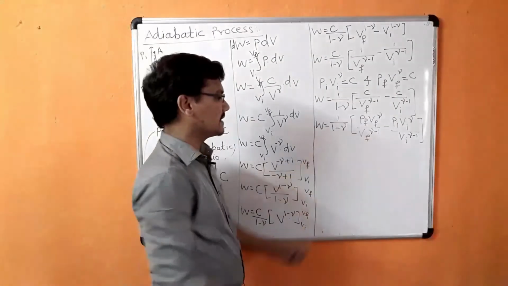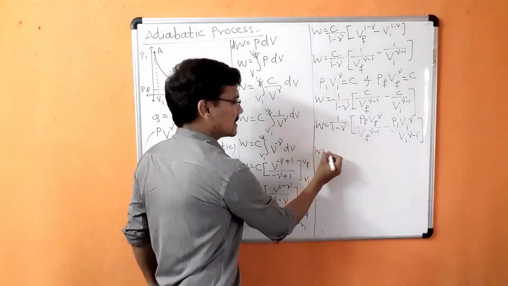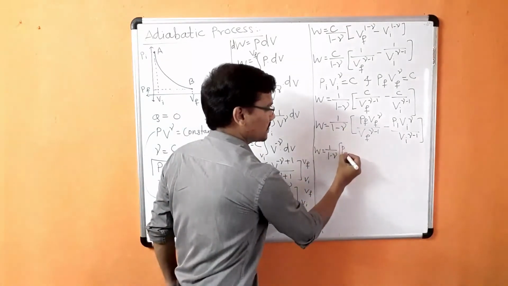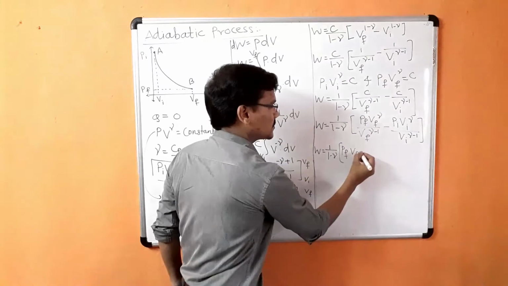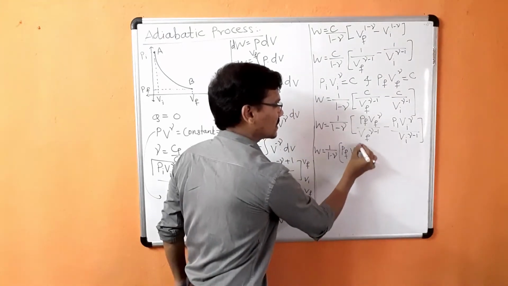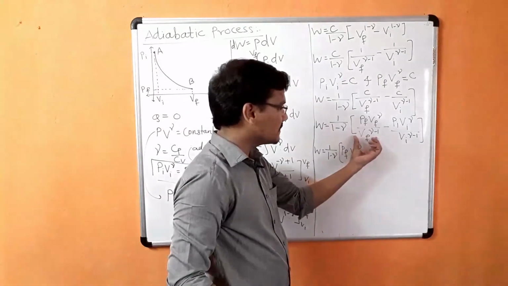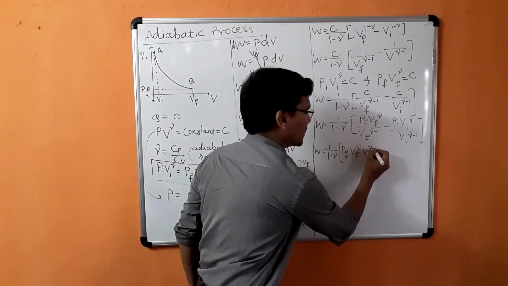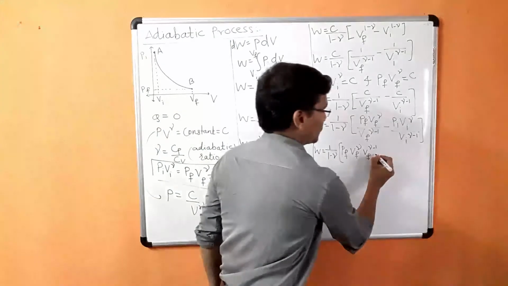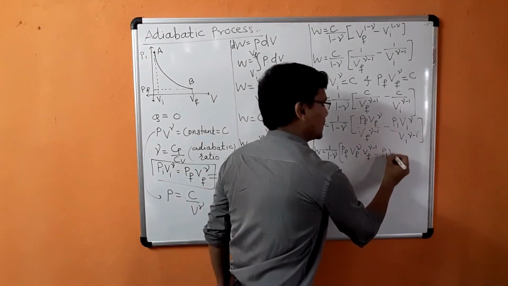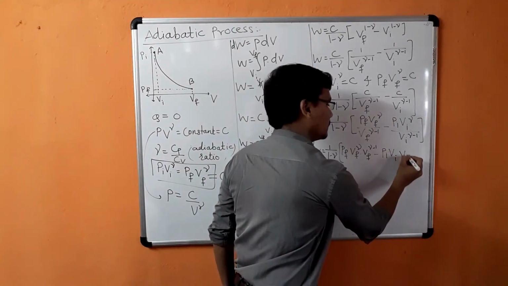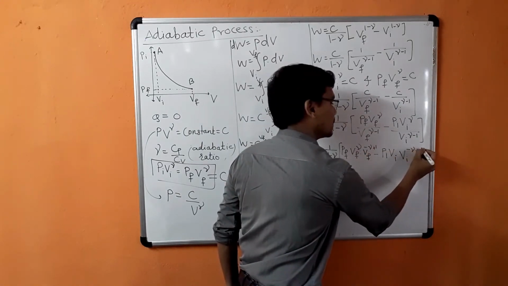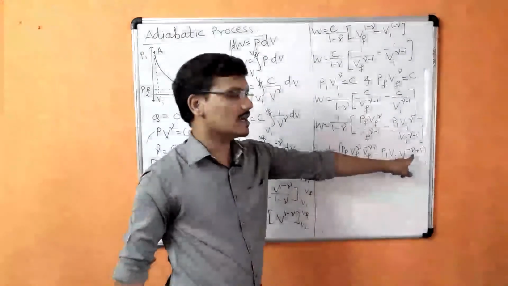Now solving this equation, shift the denominator up to Vf, giving Vf raised to minus gamma plus 1.